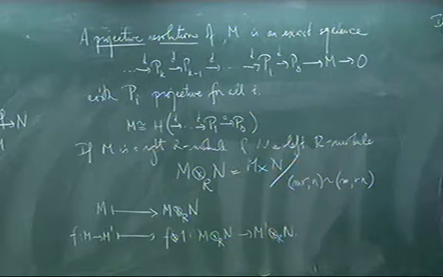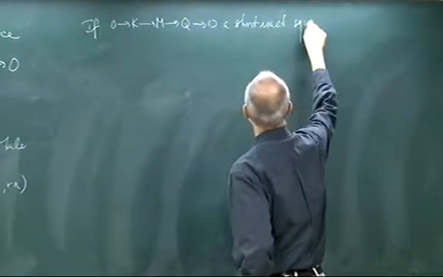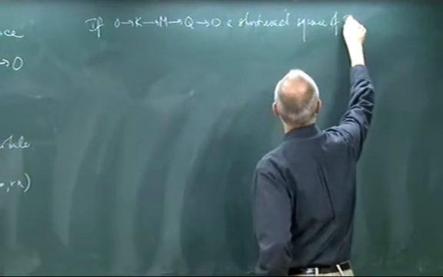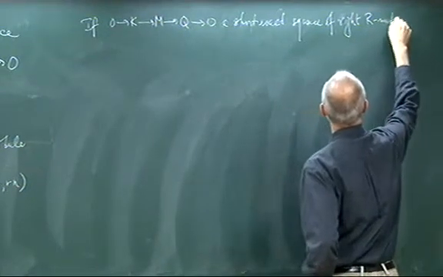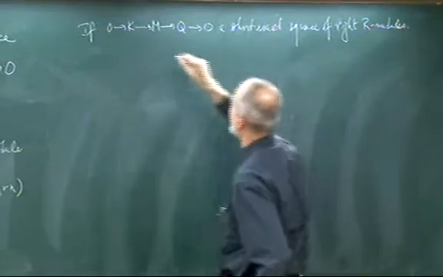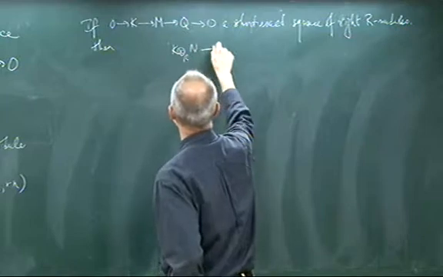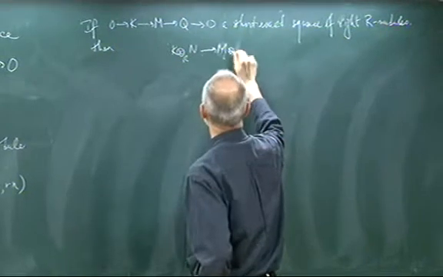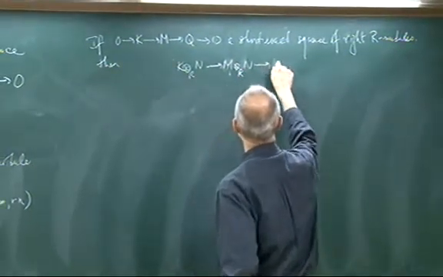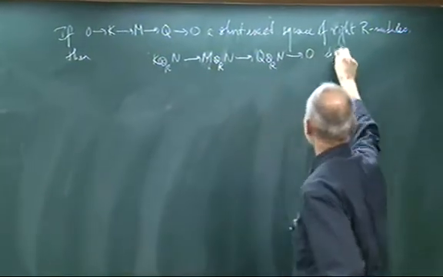And if the following is true, if I have a short exact sequence of right R modules, then K tensor over R with N, M tensor N, Q tensor over R with N, 0 is exact.